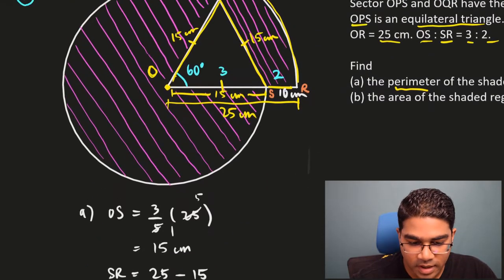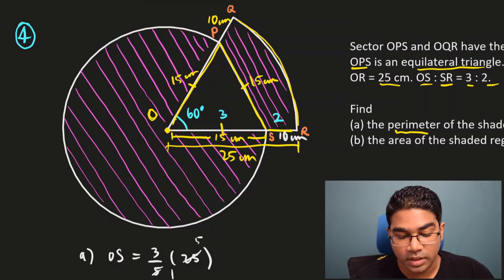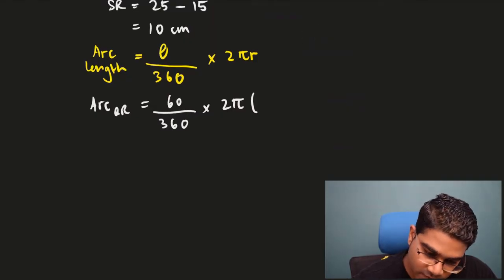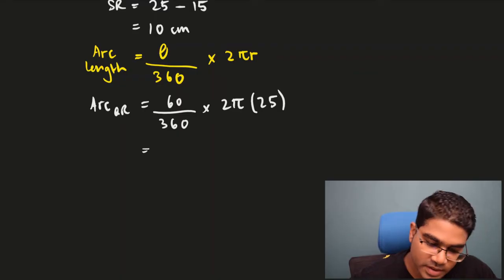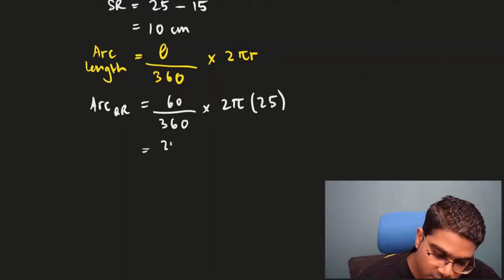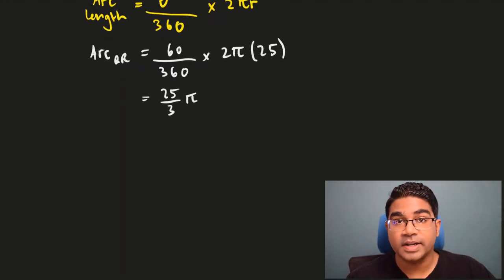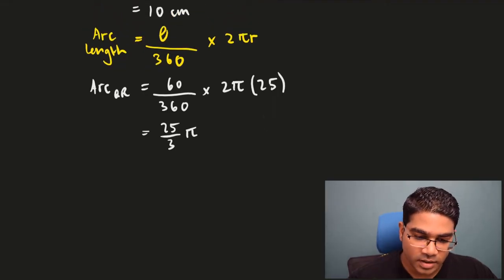Now the value of r here is OQ or OR, the whole thing, which is 25. When we simplify this, we will get 25 over 3 pi. I'm leaving my answers in terms of pi first because this is not the final answer. I will substitute the value of pi at the end.